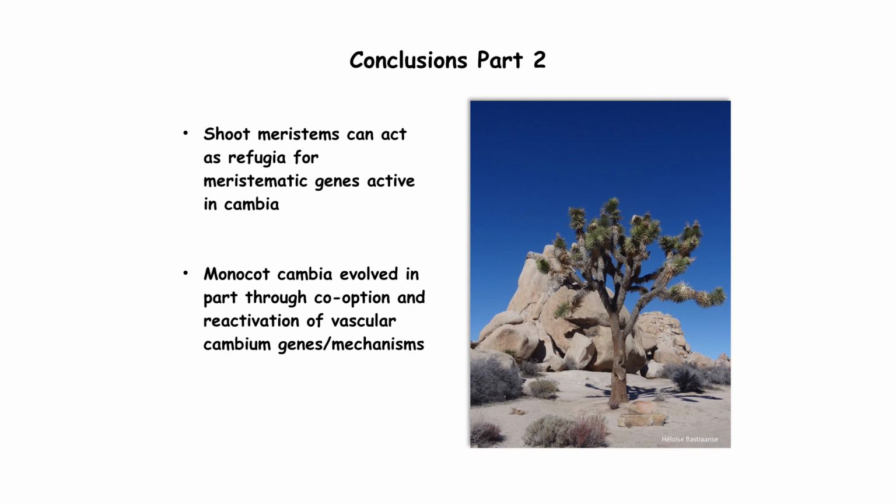So they're needed for primary growth, so they're not lost when secondary growth is lost, but they can be easily reactivated, both in the case of the monocot cambium as well as other angiosperms that can evolve woody growth from herbaceous ancestors. It also is telling us that the monocot cambium likely evolved in part through co-option and reactivation of genes that are also expressed in regulating the vascular cambium in more traditional trees.